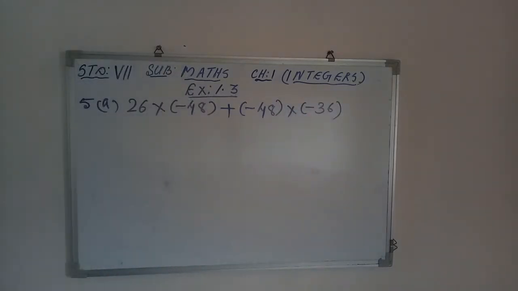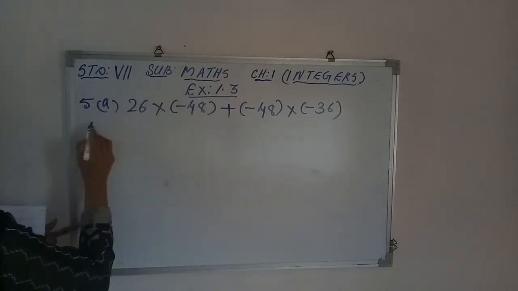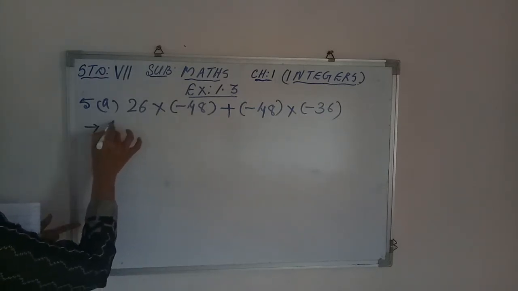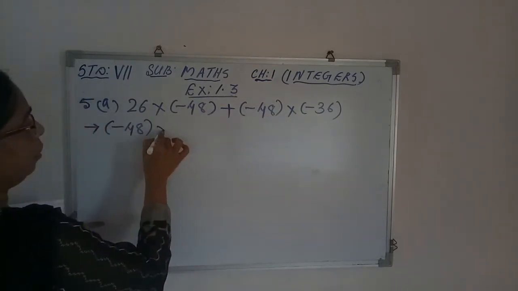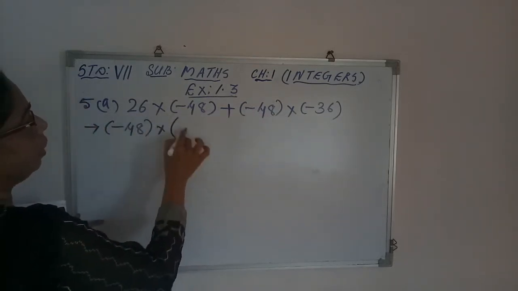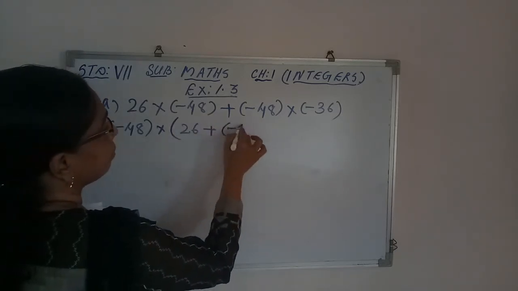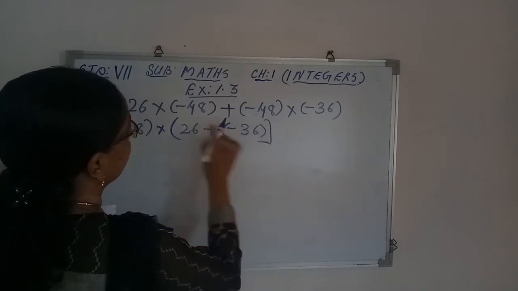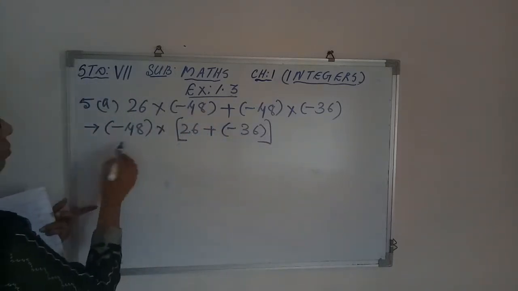Which property? It is the distributive property. So minus 48 is distributed, and what remains then? 26 plus minus 36. Clear?